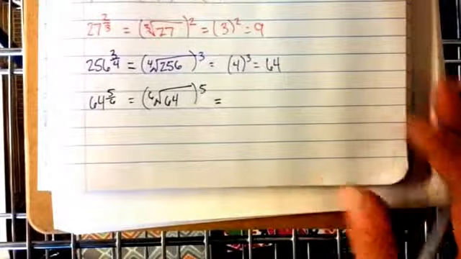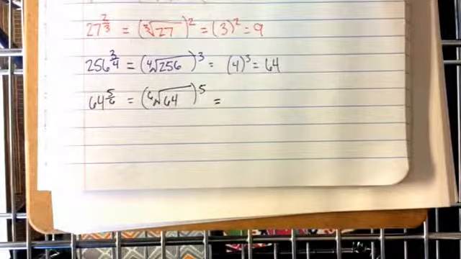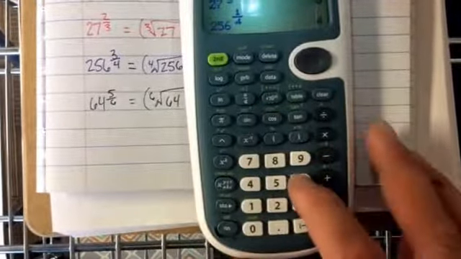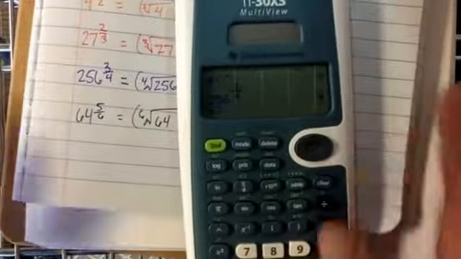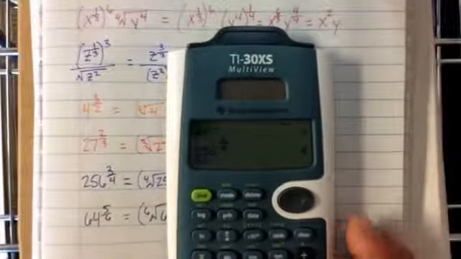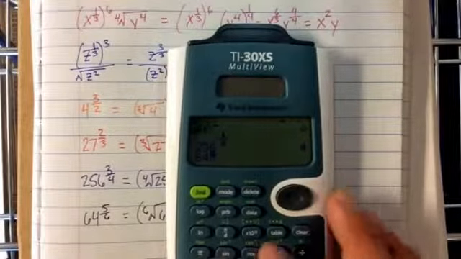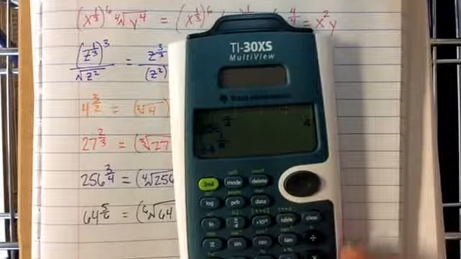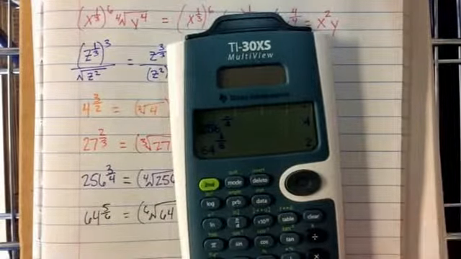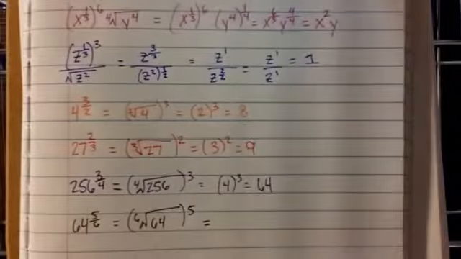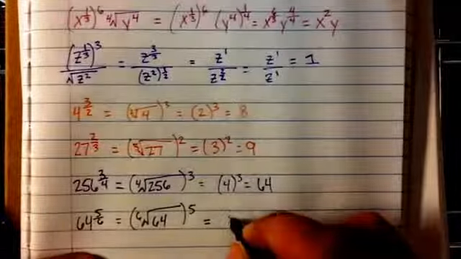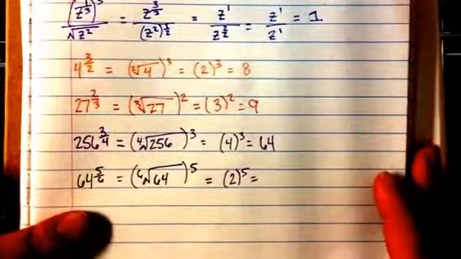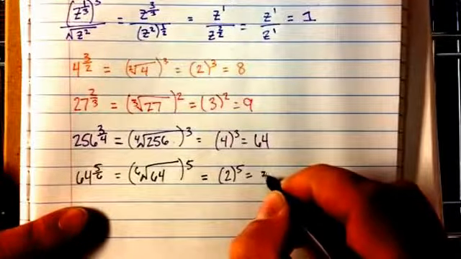So using our calculators, we probably don't know what the 6th root of 64 is off the top of our head. So we have 64 raised to the 1/6 power. That gives us 2. And then we have 2 to the 5th power, which equals 32.